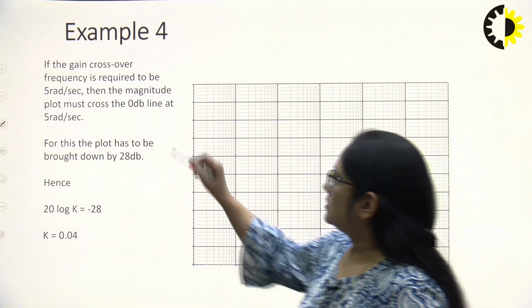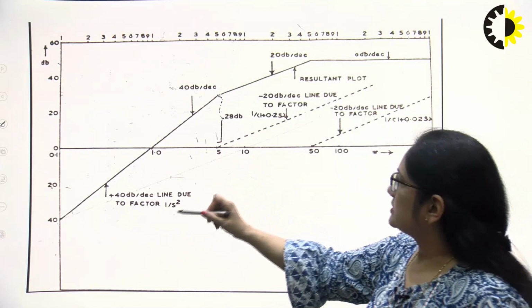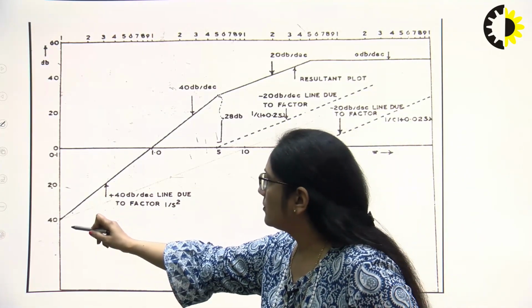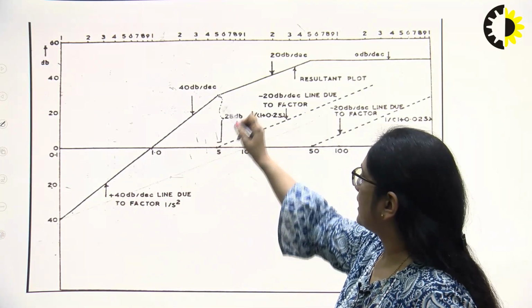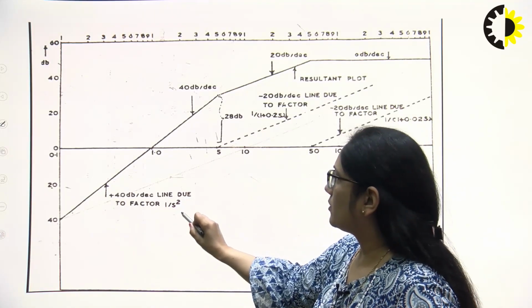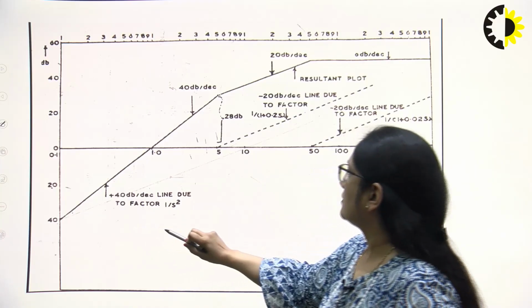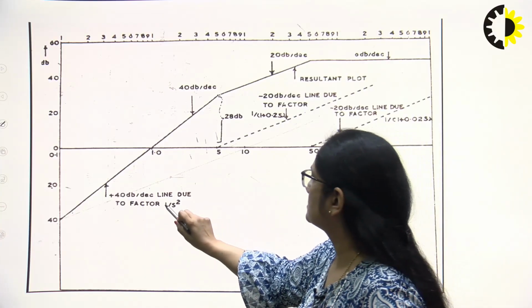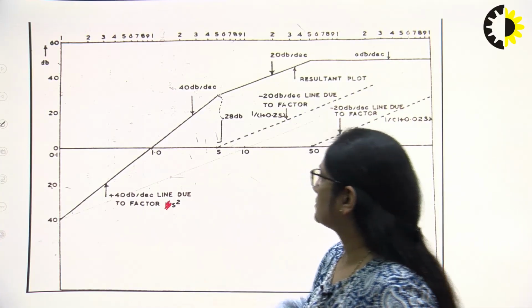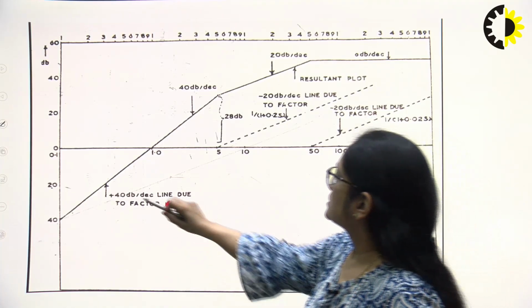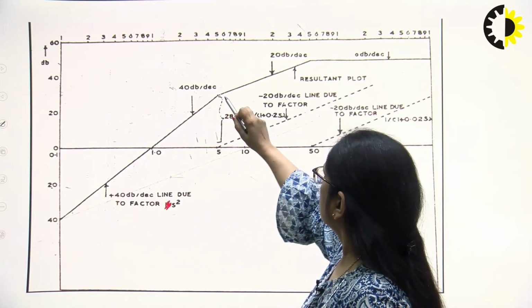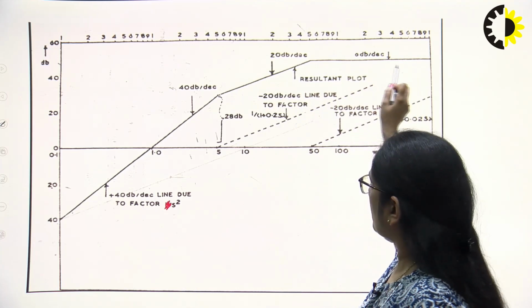Now in this plot we can see the plus 40 dB per decade line due to the factor s square, which is crossing through this 1, and then this is the resultant plot.